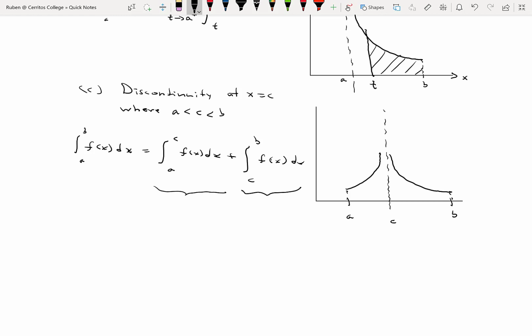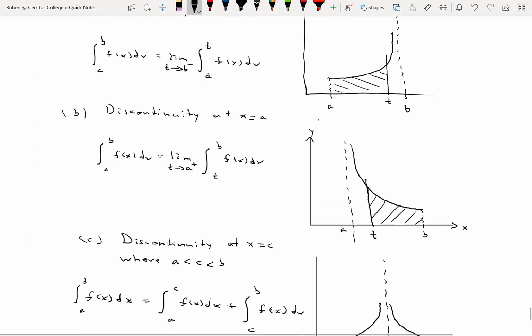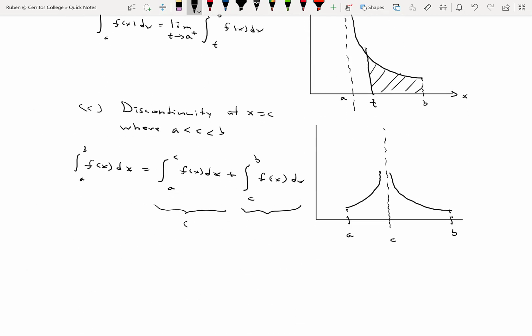The first integral becomes a type 2a integral, and the second integral becomes the type 2b integral.